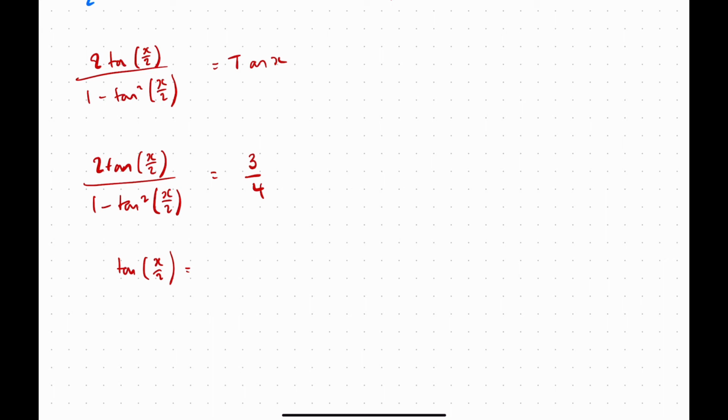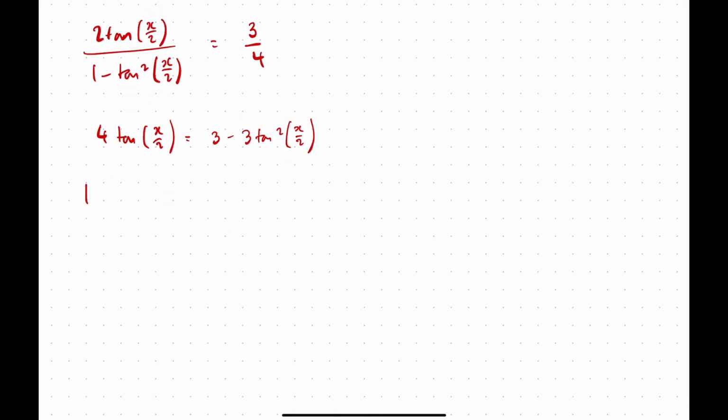I'm just going to times up by the 4. I'm going to times up by 3 minus 3 tan squared x over 2. Everyone okay with that? Cross multiply, get it all to one side, so 3 tan squared x over 2 plus 8 tan x over 2 minus 3 equals 0. Treat tan x over 2 as u. Okay.